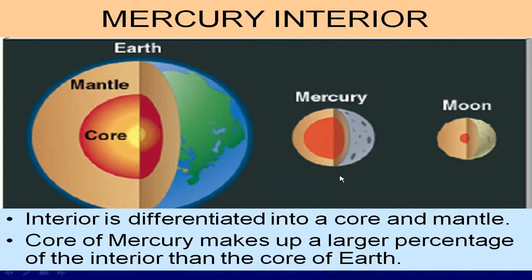So its interior is differentiated into a core and a mantle, and the core makes up a larger percentage of its interior than the core of the Earth, still giving it a very high density in terms of a terrestrial planet.